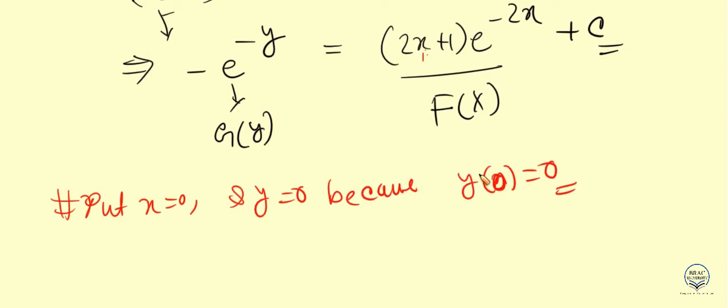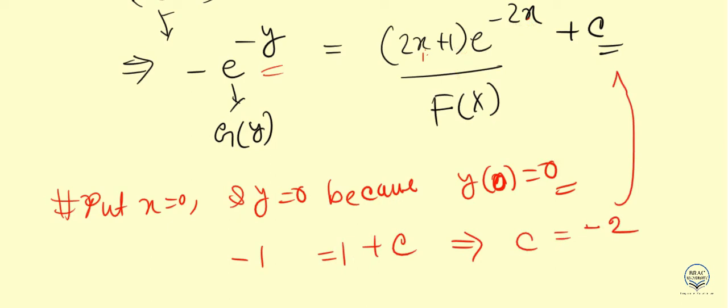So if you do that, you can find that this part over here will be just minus 1. Here, if you put a 0 over here and a 0 over here, you will also get a 1, and there is c. So c will be minus 2. And if you just plug it back, you have your particular solution.